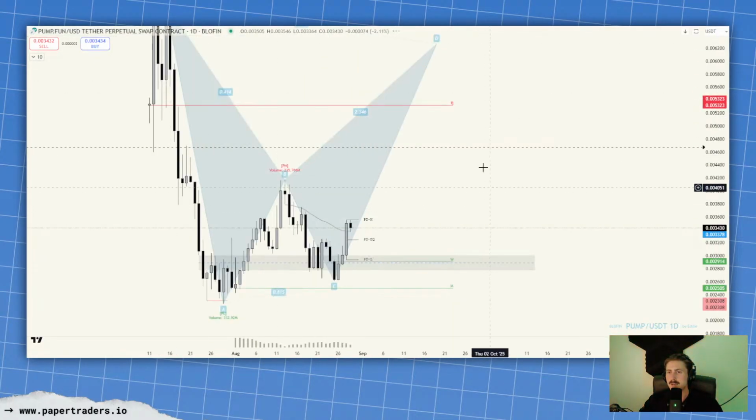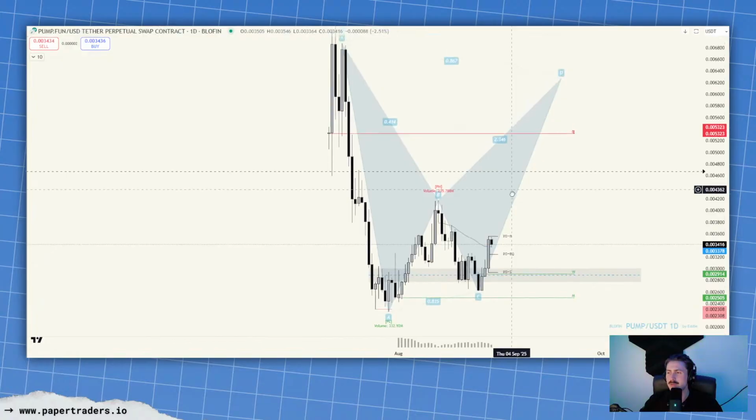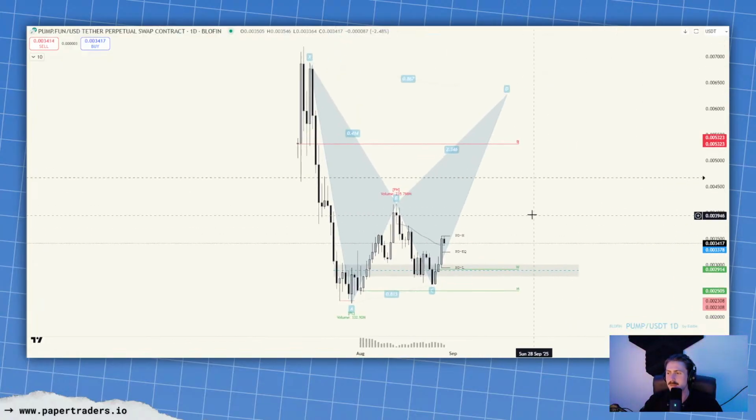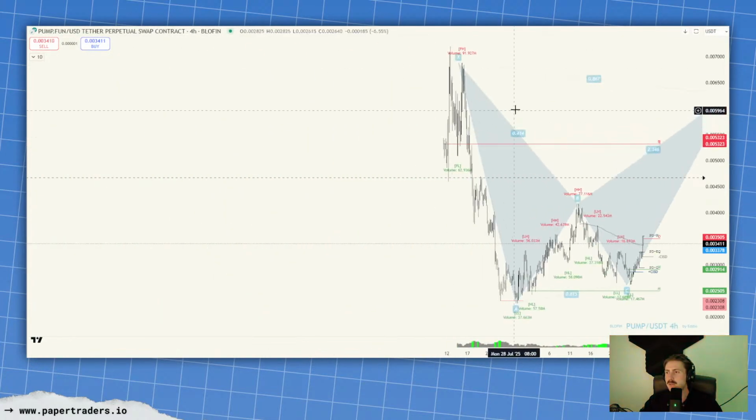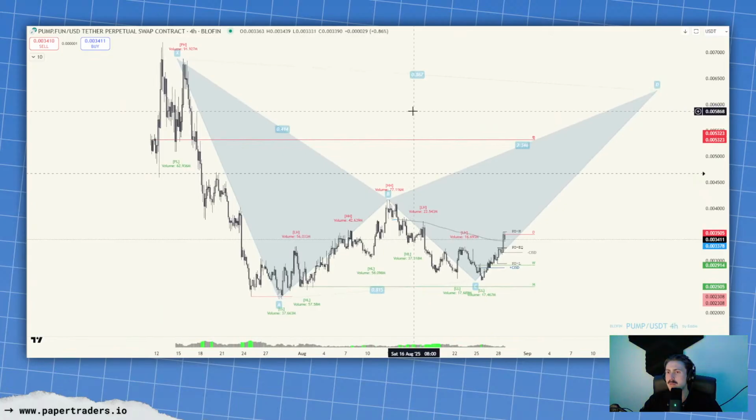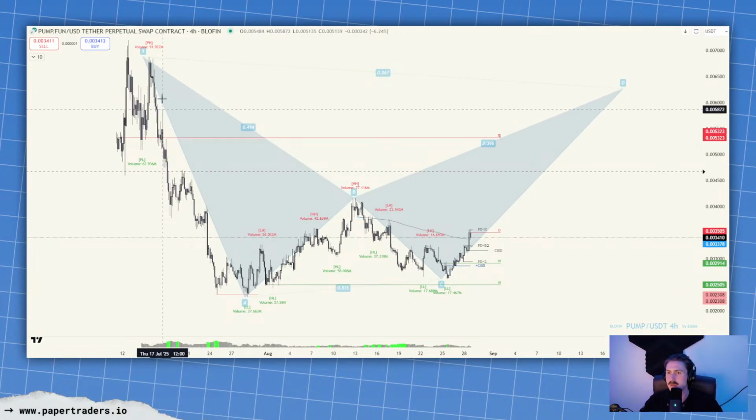But right now, this is what I want to bring your attention to: our Pump Fun. We got a little animal. We're above the 200 EMA, so I want to see if this will play out to an extent. At least point B, I wouldn't mind this right there. Point D would be our max extension, the max point where we can reach up to, maybe even right there, this liquidity over here on the 4-hour would be 0.055.